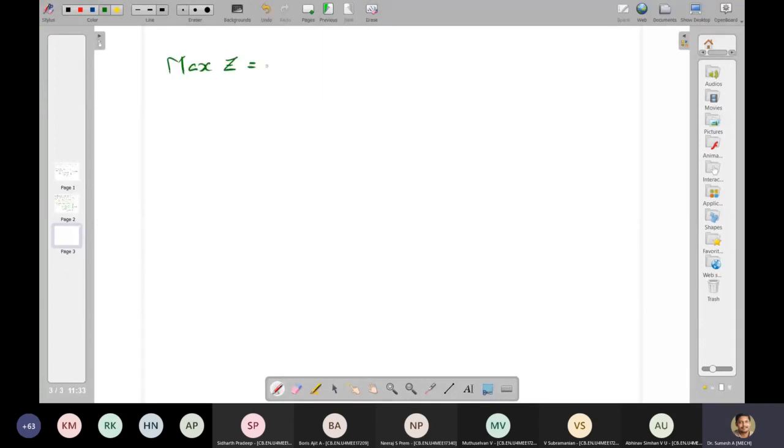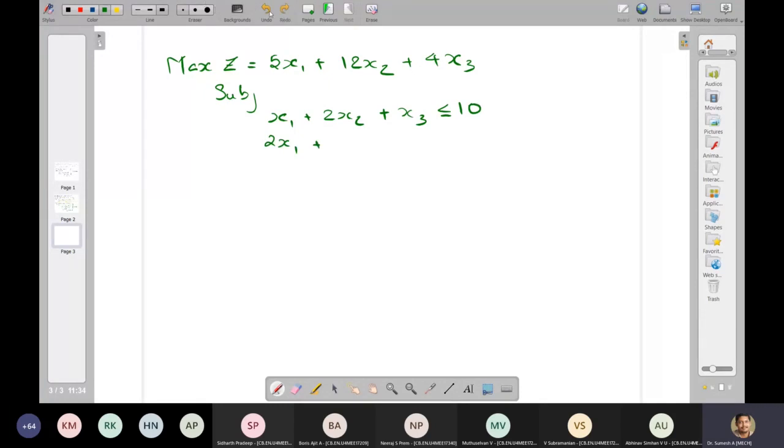Maximize z equals 5x1 plus 12x2 plus 4x3, subject to the constraints x1 plus 2x2 plus x3 less than or equal to 10, 2x1 minus x2 plus 3x3 equals 8, and x1, x2, x3 greater than or equal to 0.